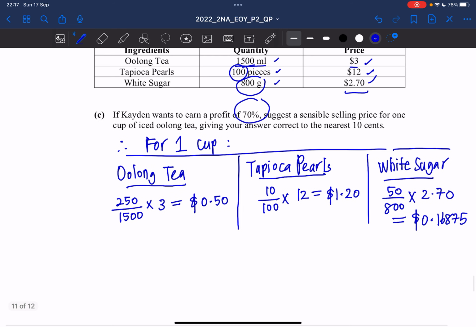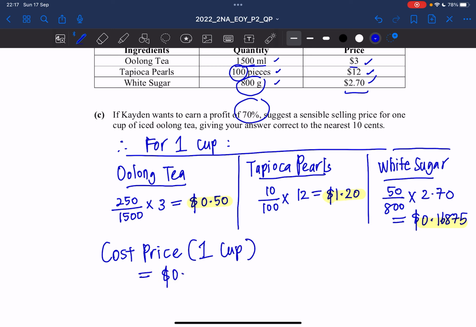So what happens is we just need to add these three numbers to find the cost price for 1 cup. So equals to 0.50 plus $1.20 plus 0.16875.